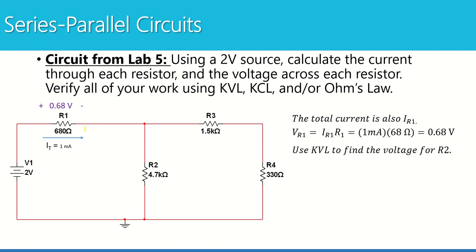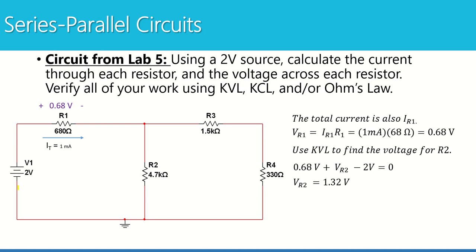I can now use KVL to find the voltage for R2 because I have a closed loop right here. So here's my equation. 0.68 volts plus whatever the voltage drop is here minus the source voltage here. It's going to give me 0.